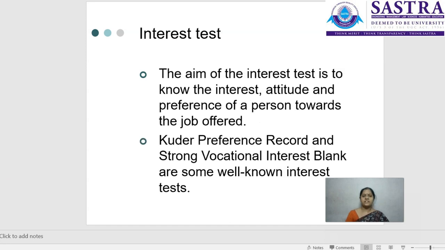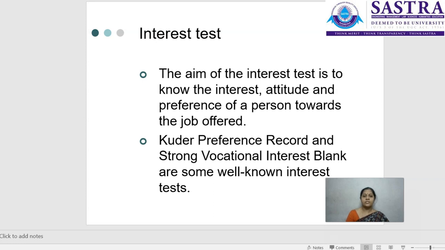The next test is the interest test. The aim of this interest test is to know the interest, the attitude and the preference of a person towards the job offered. That is the purpose behind this test.